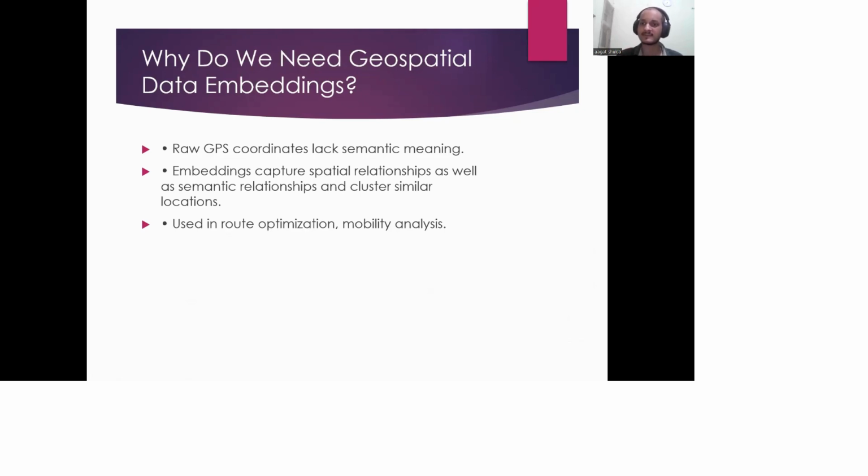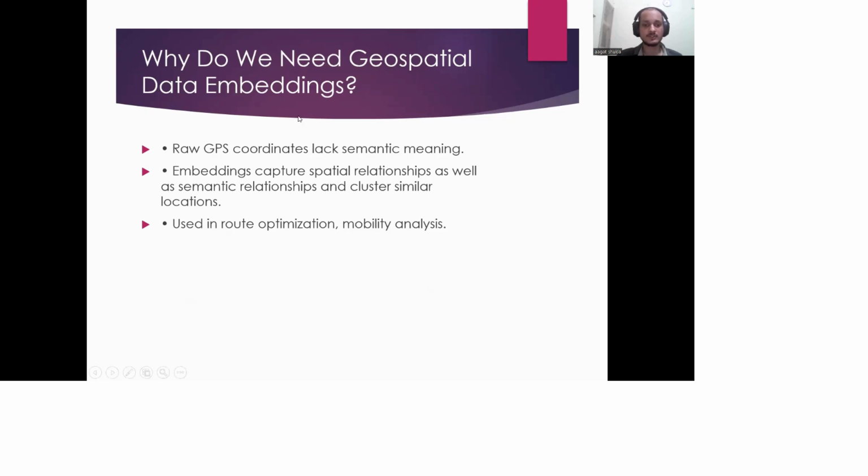If I pass these as raw numbers into the model, it won't capture distance similarity as well as semantic similarity. By distance similarity I mean how far they are from each other, and semantic similarity means that if these two points represent a particular city, their embeddings should be close to each other in a vector space. That's why we need a geospatial data embeddings pipeline.